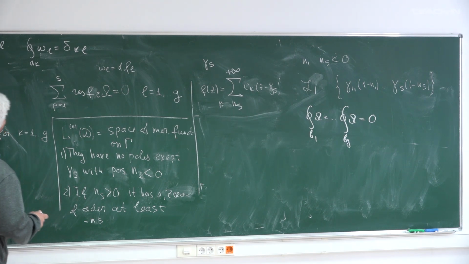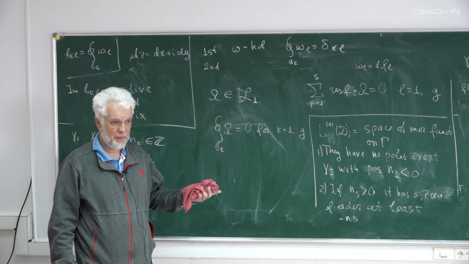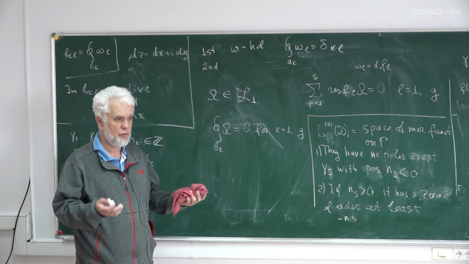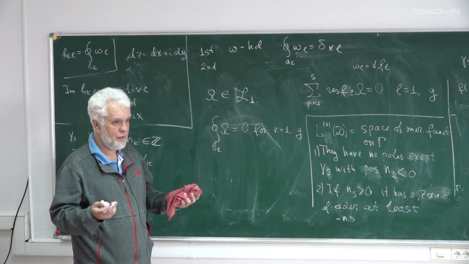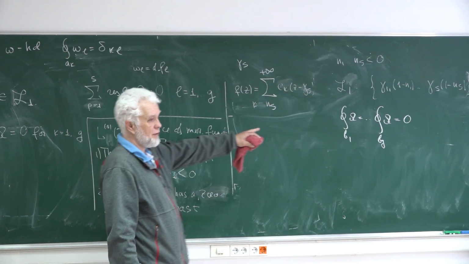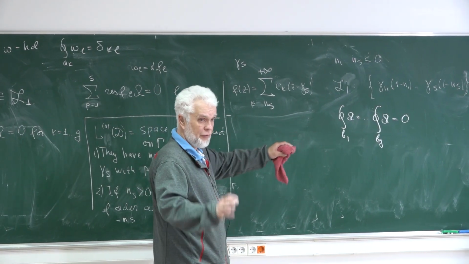Therefore, if all n are negative, we have the following description of how to construct the space of functions. First of all, we have one integration constant. We agree. Then we have to impose this condition, but this condition is equivalent to the following one. We proved it.